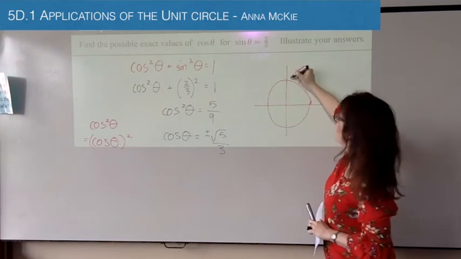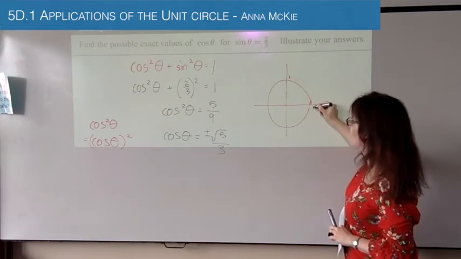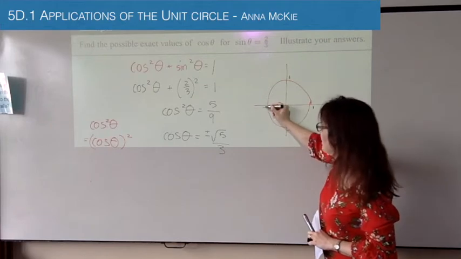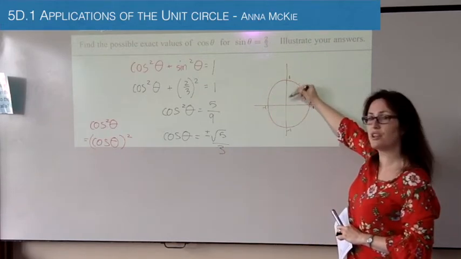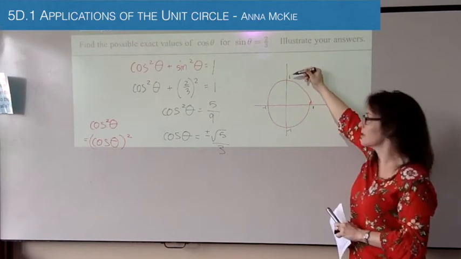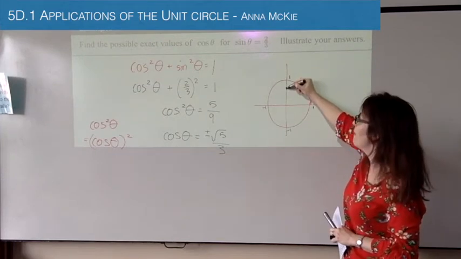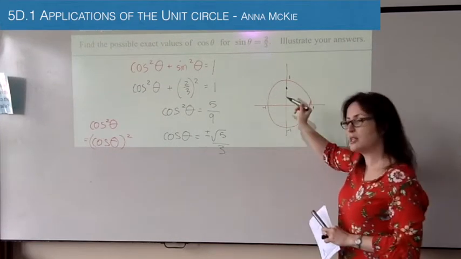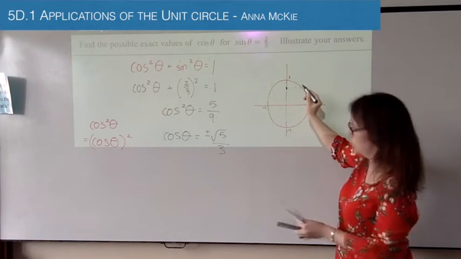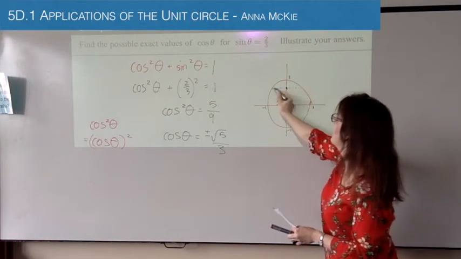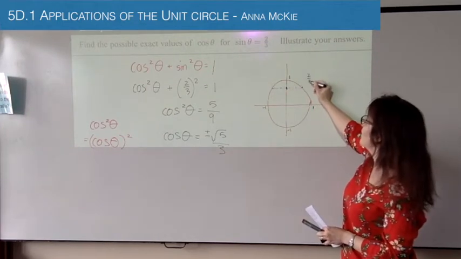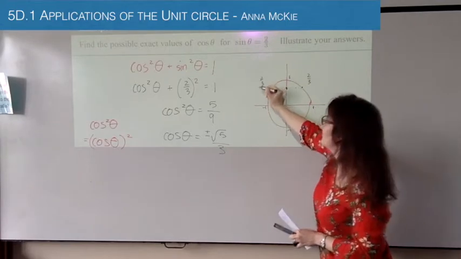It's positive. So remember it's a unit circle, so we've got 1, 1, negative 1 and negative 1. We're going up 2/3 of the way to 1 on the y-axis. So about there. So there are 2 points where sine is 2/3. It's here and here.